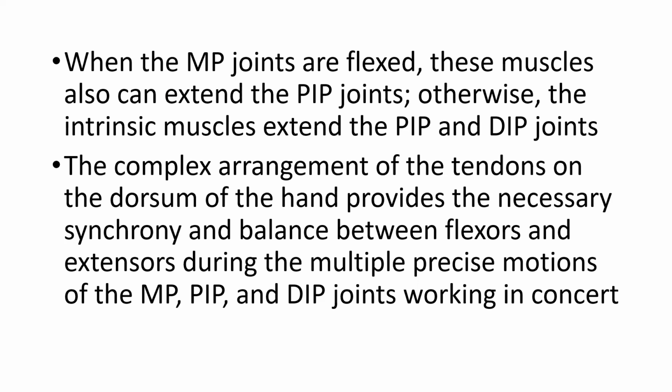But if you have metacarpophalangeal flexion, then what happens? The common extensor tendons extend the PIP joints. So they both function in extension of the PIP joints, but one in flexion and one in extension.